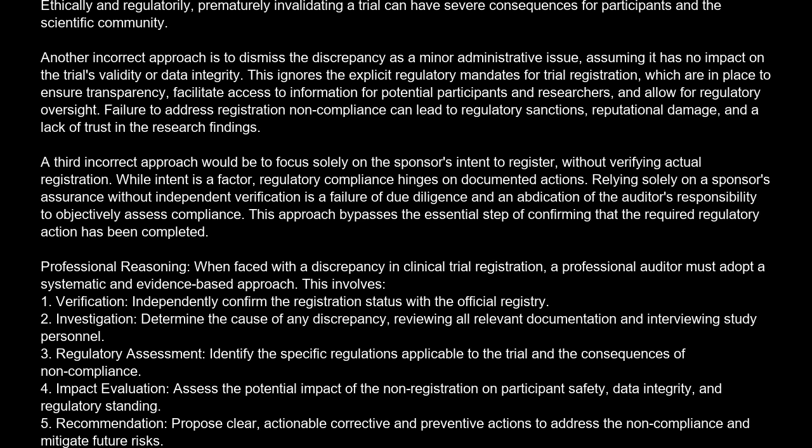Regulatory assessment. Identify the specific regulations applicable to the trial and the consequences of noncompliance. 4. Impact evaluation. Assess the potential impact of the non-registration on participant safety, data integrity, and regulatory standing. 5. Recommendation. Propose clear, actionable corrective and preventive actions to address the noncompliance and mitigate future risks.